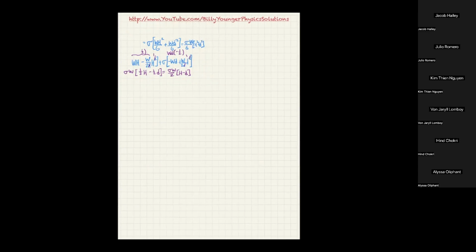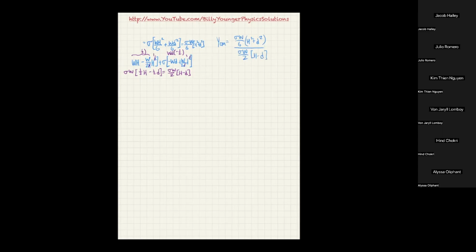So the y center of mass is supposed to be sigma w over 6 times h squared plus d squared. And then that's going to be over sigma w over 2 times h minus d. Whoa.